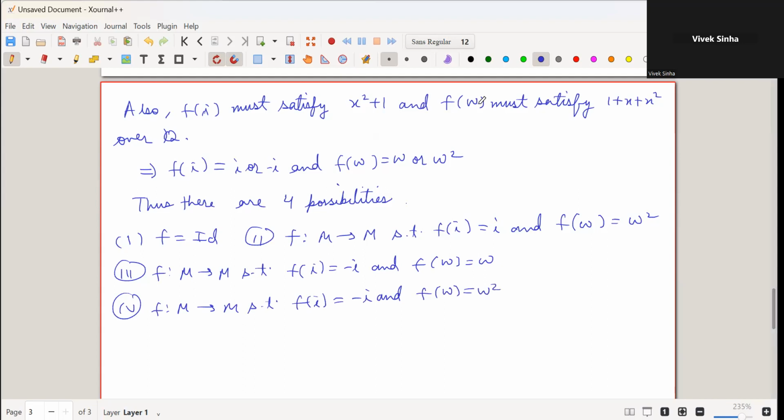So let's say this is f1, this is f2, this is F3, and this is F4, right? So the automorphism group of M double dash over Q. I'm using M, I should not use M. The notation is M double dash.